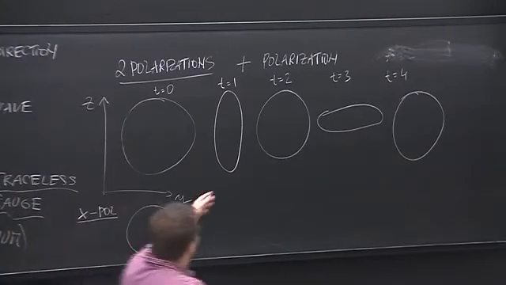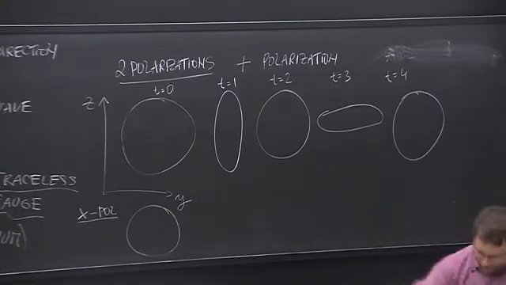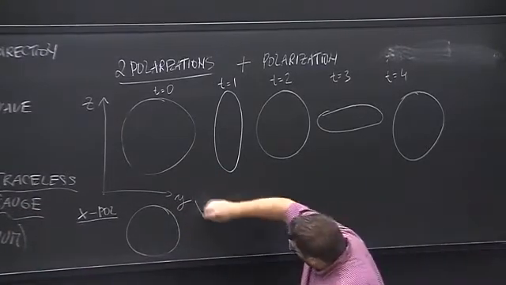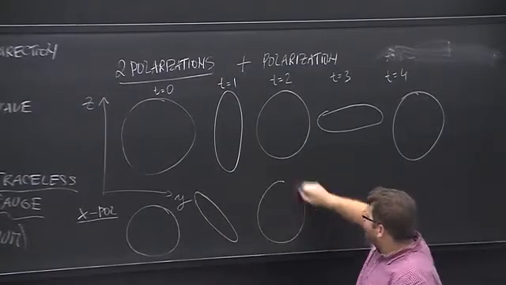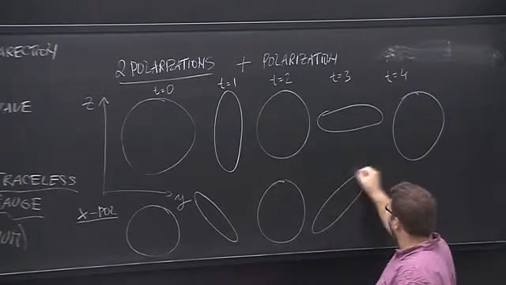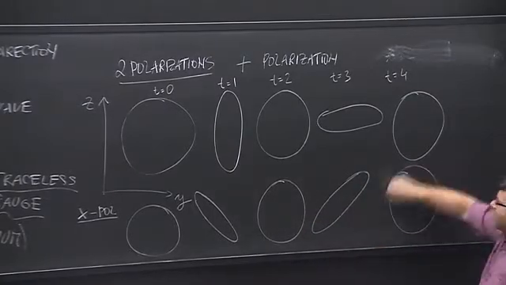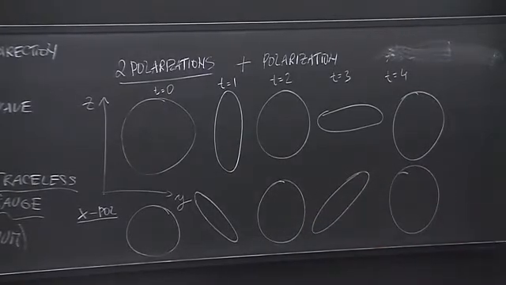So instead of the straight up thing, you have this thing 45 degrees twisted. And then you come back again here, and then this is 45 degrees twisted, and then circle again, and so on. So this is the cross polarization. It basically behaves exactly the same way, but now everything is 45 degrees twisted.